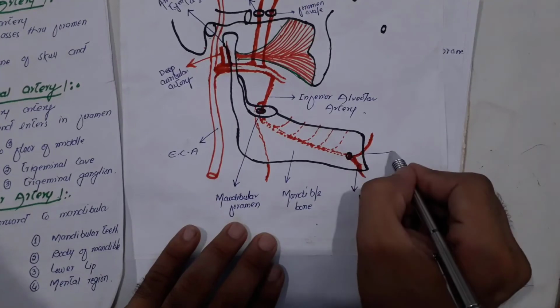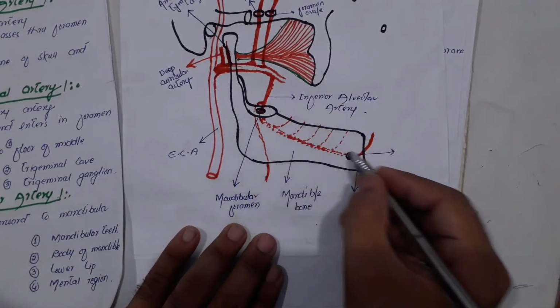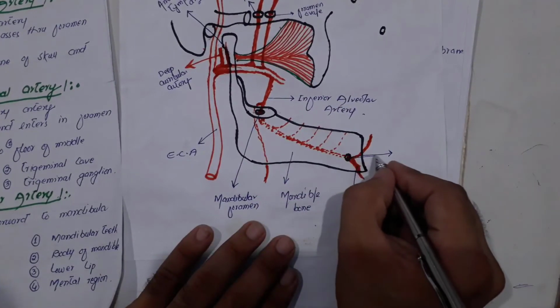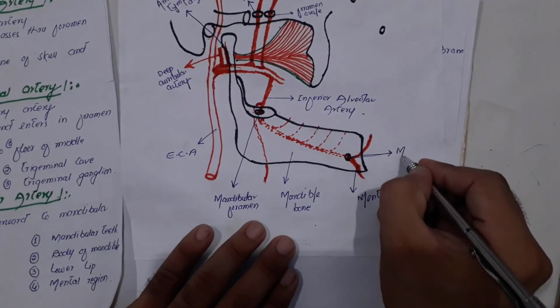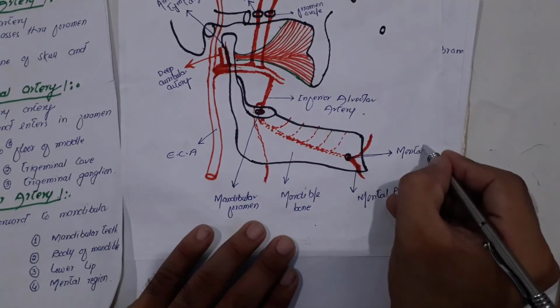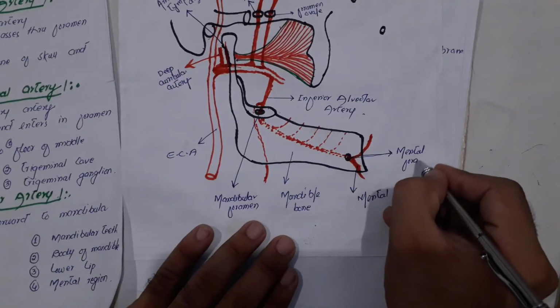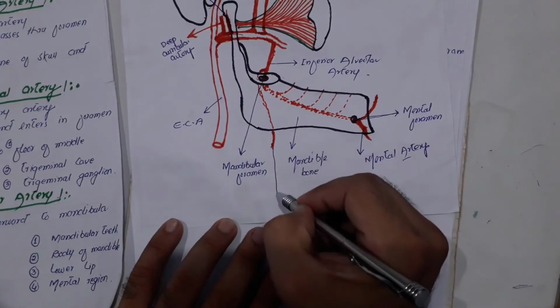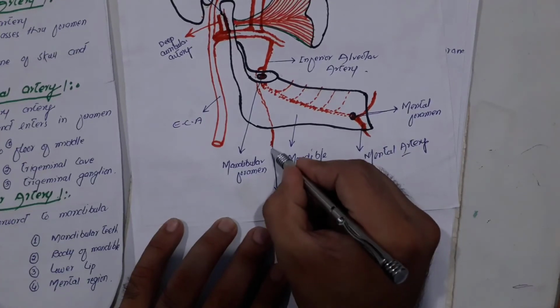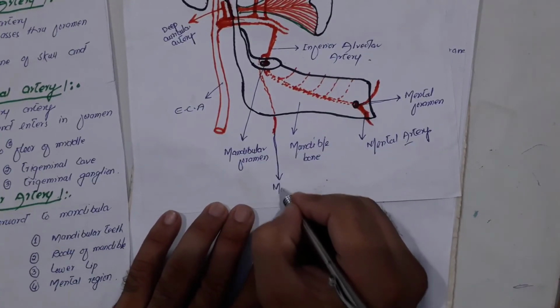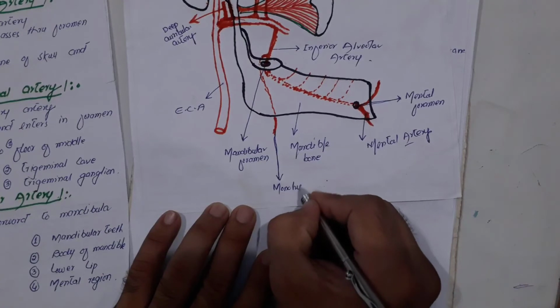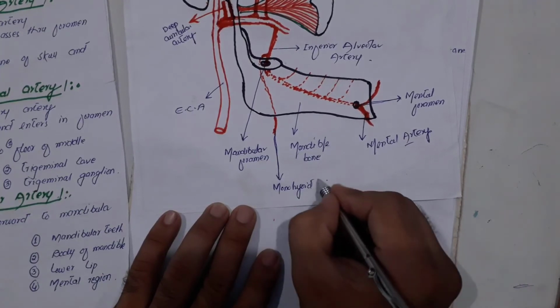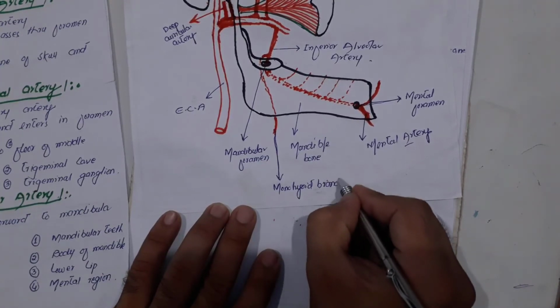And this foramen through which this inferior alveolar artery exits is called the mental foramen. Mental foramen. Right? And this artery is the mylohyoid branch. Let me write here mylohyoid branch. Right?